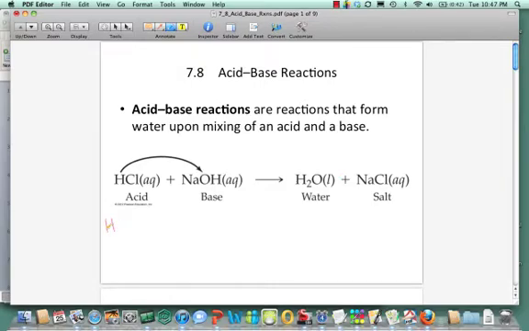Well, hydrochloric acid, when it dissolves in water, breaks apart into aqueous H plus and aqueous chloride ion. Sodium hydroxide, being a strong base, does the same thing. It breaks apart into aqueous sodium ion and aqueous hydroxide ion.